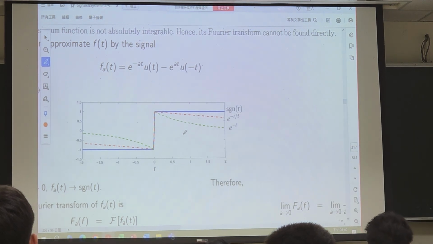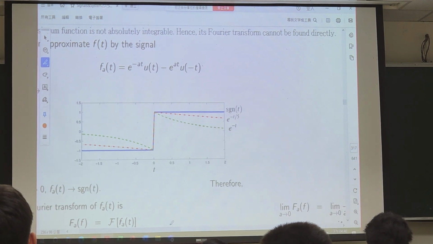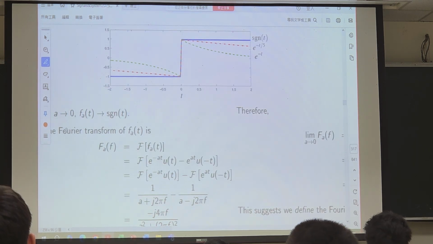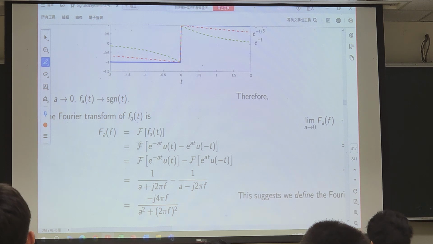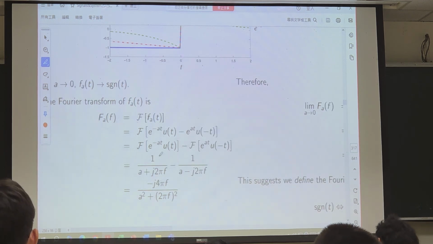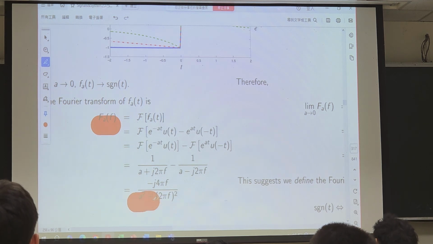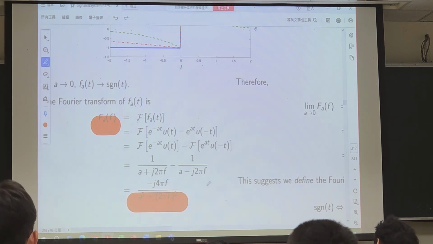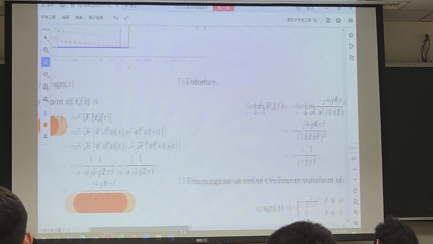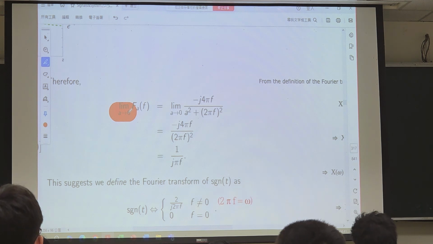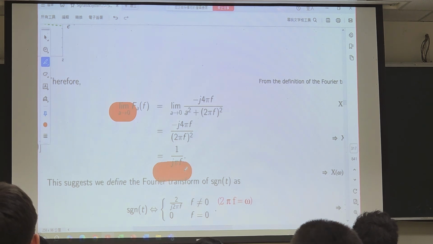So we use f_a of t to determine the Fourier transform first. We find the Fourier transform of f_a of t first, and then we take the limiting process. We let the parameter a approach 0. Then we have the Fourier transform out.